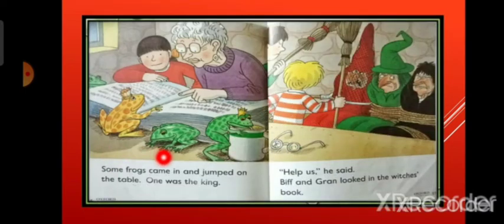Some frogs came in and jumped on the table. One was the king. And I think she is the queen. "Help us," he said. Biff and Gran looked in the witch's book. This is the spell book.